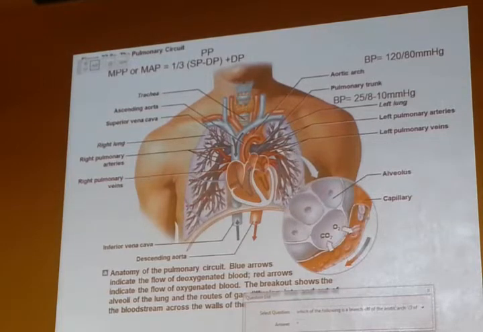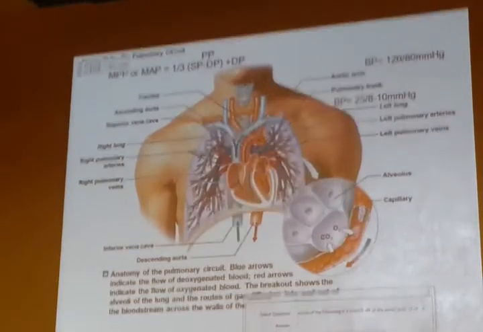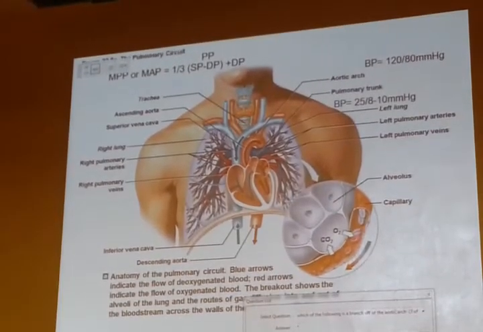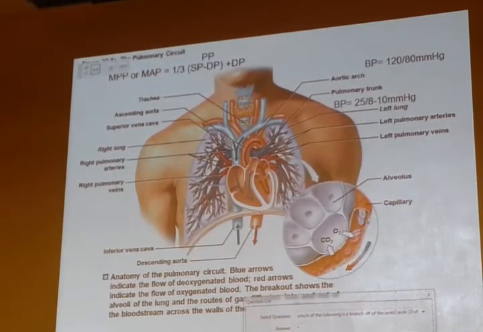If you were to follow the pathway of the arteries out to the gas exchange area, they would be exactly following the route of the airways. Every time the airways divided, the arteries would divide until they get to the arterioles and then the capillaries. And then the capillaries would multiply and surround each alveolus.